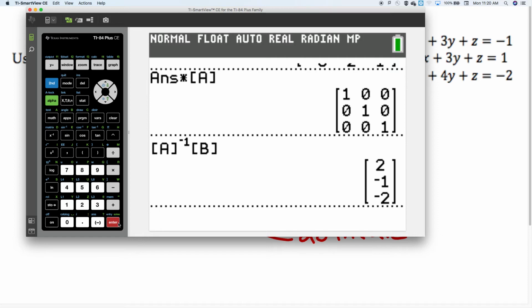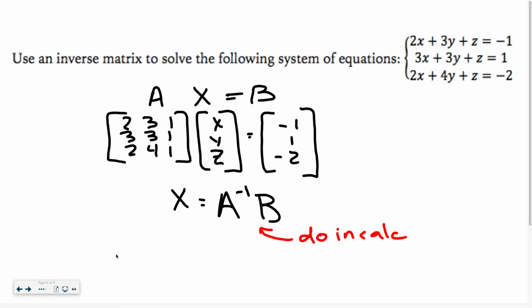Most important thing here is don't do A times B. You have to know that the solution to your matrix equation is A inverse times the constant matrix. So the inverse times the constant. And in my final answer, I'd write that as an ordered triple. That would be 2, -1, -2.